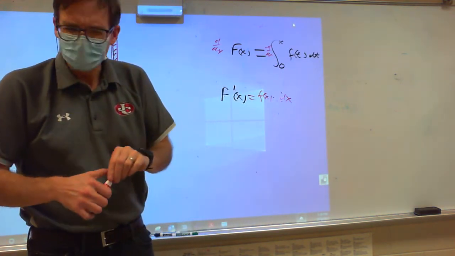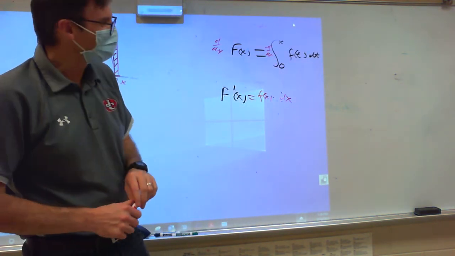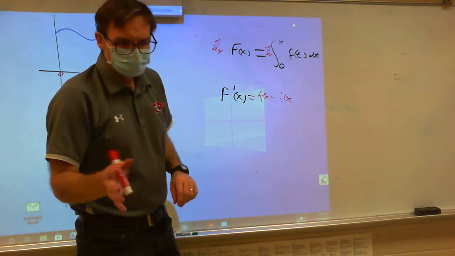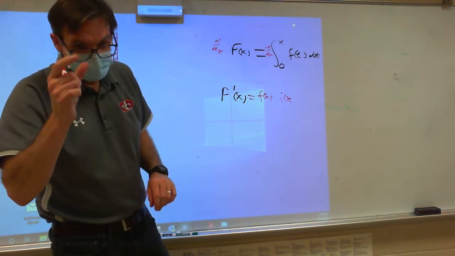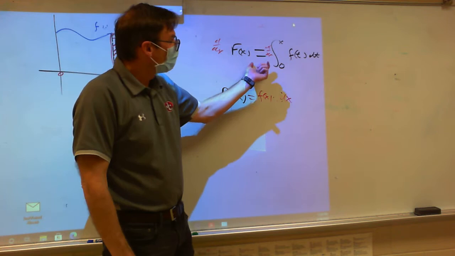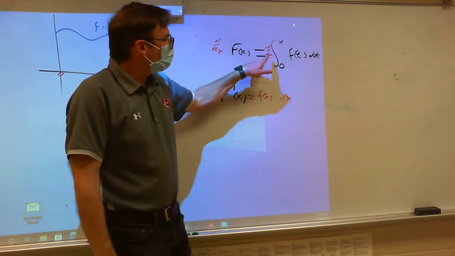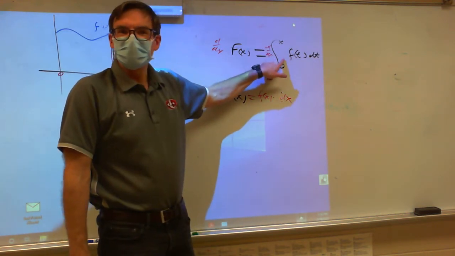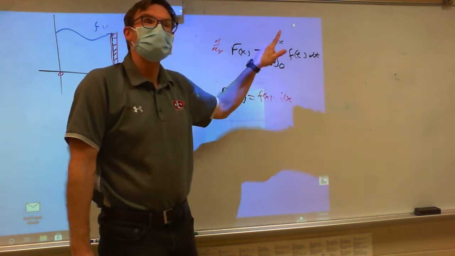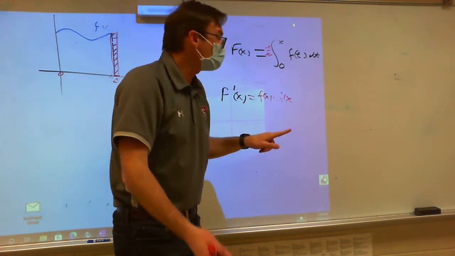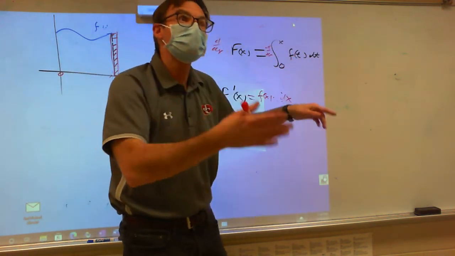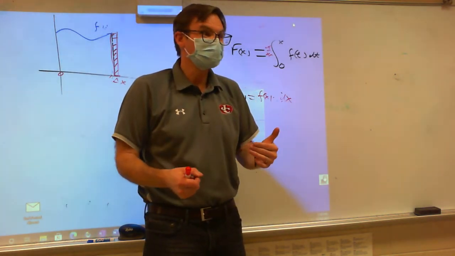And I'm still working on it. What's the best way to explain this? I didn't do a great job second period, and I'm doing slightly better, but still not great this period. But this is the argument where the derivative cancels out the integral. And if the derivative cancels out the integral, what that means is this integral symbol means it's an antiderivative.